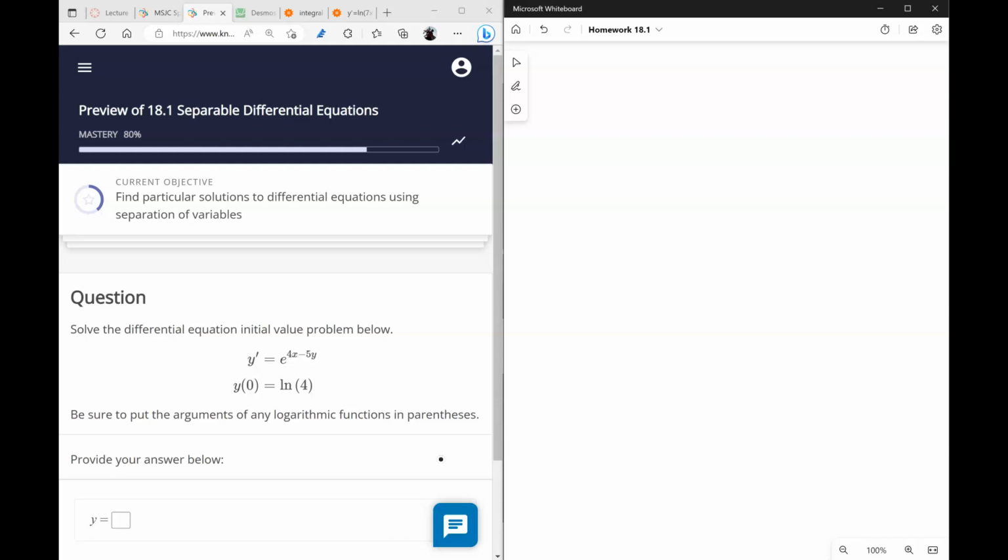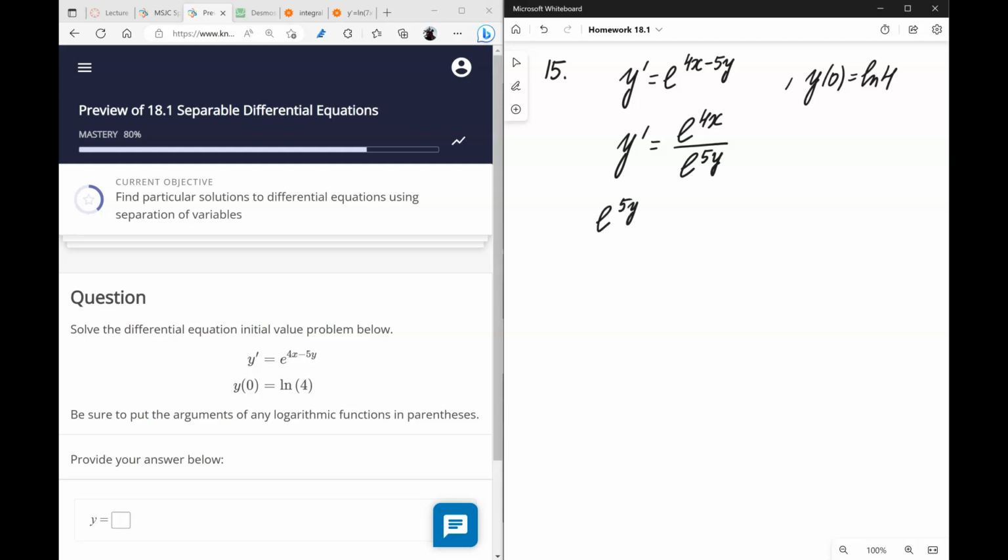Number 15. We have y prime is equal to e to the power 4x minus 5y. Y of 0 equals ln of 4. And we're going to separate it by first using the properties of exponents, and then by multiplying both sides by e to the 5y.